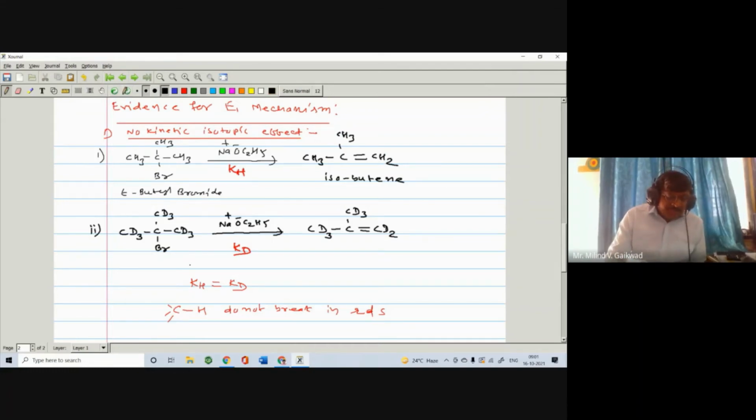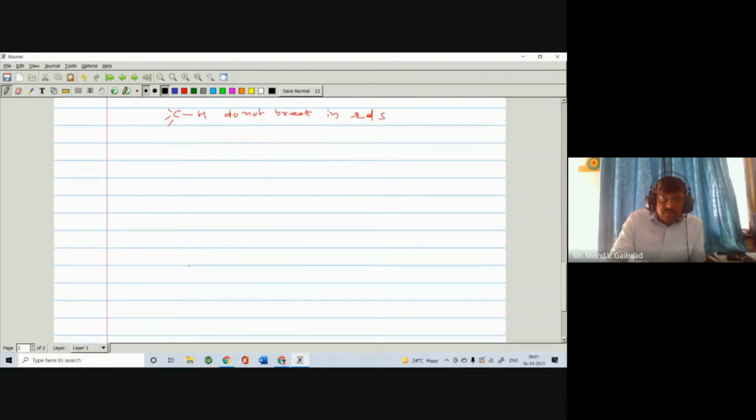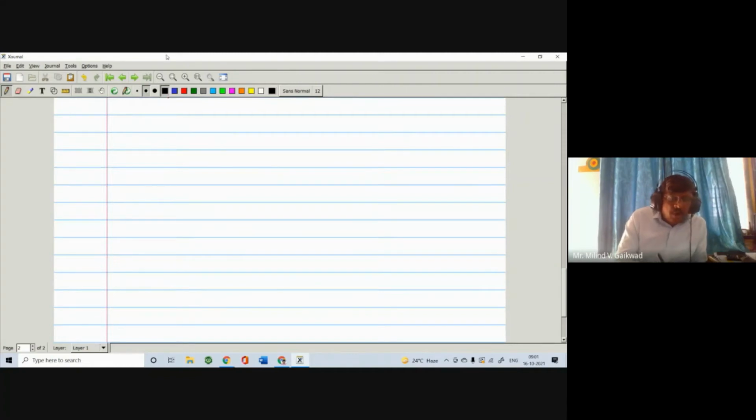Now, second, we have to check whether the bond between the C alpha and halogen breaks in the RDS step or not. So the second evidence is called the structural effect.